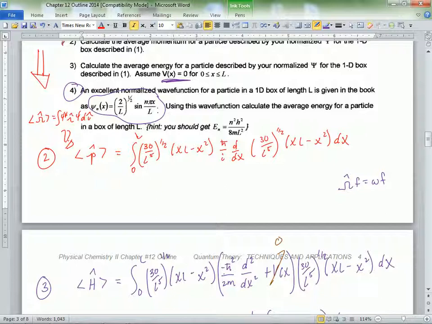It's identical. Except it's not this nice -2. You're going to have a sine, because you take the second derivative, you're going to end up with sine again. So you're going to have the integral of a sine squared. It's back to the half angle formula, the trig identity. So you'll have to use that.